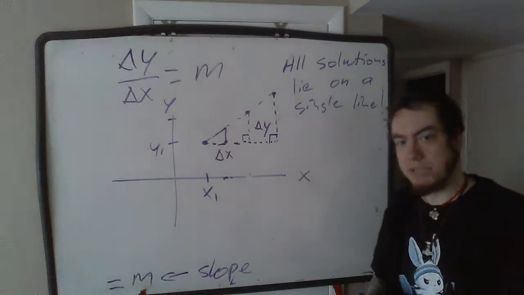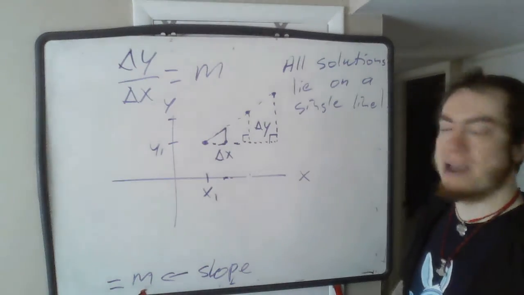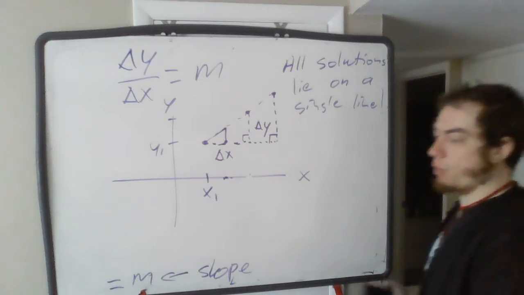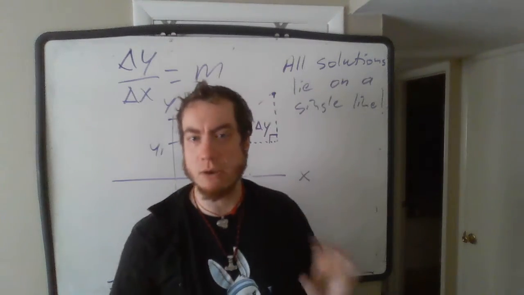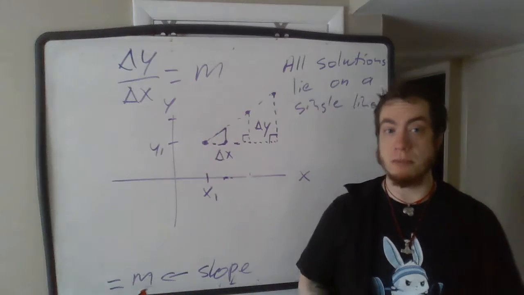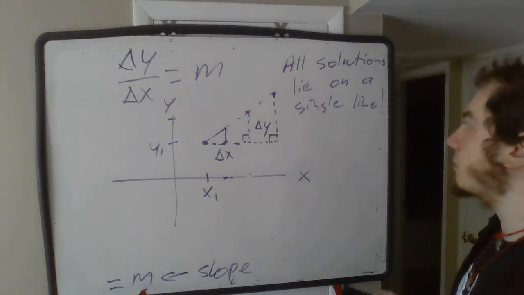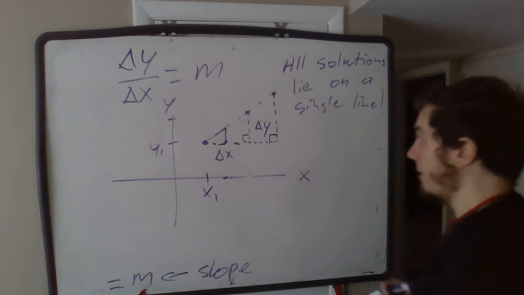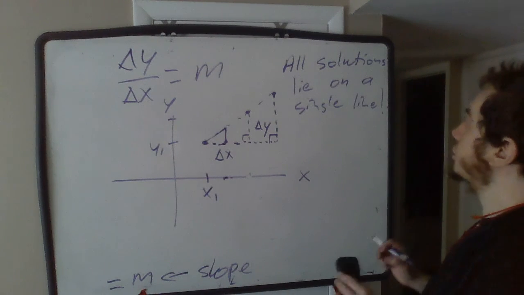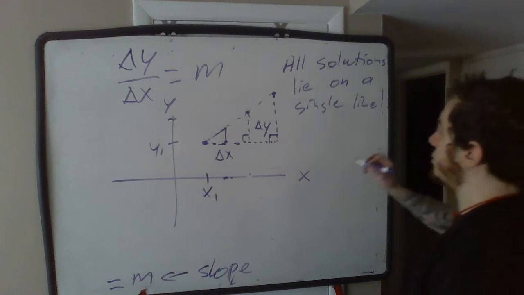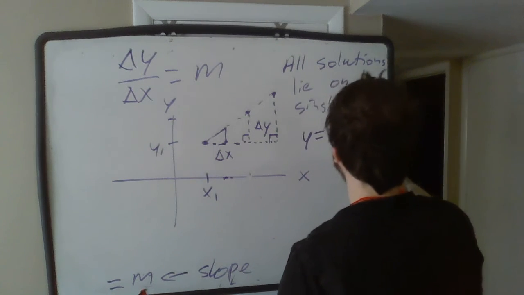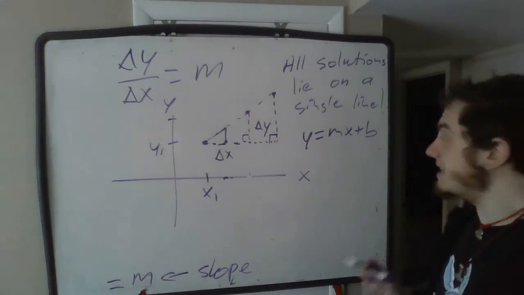Okay, you've probably seen that before, and you might think, well, that was a long way to say something that you already knew. But I think it's important to see the mathematical way in which we really prove that this is what is going on here, that these really do give us lines. So what we just showed is that all the solutions to anything of the form y equals mx plus b all lie on a single line.